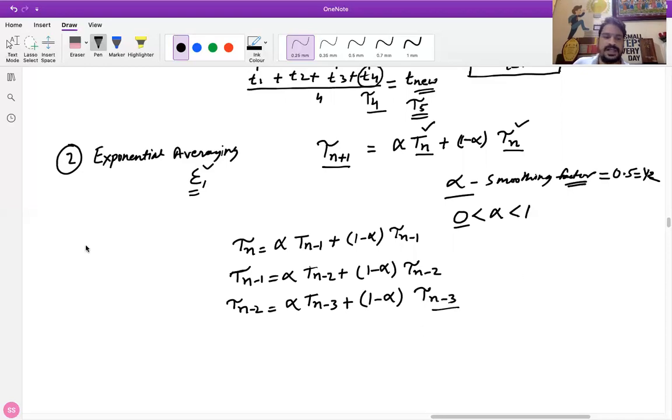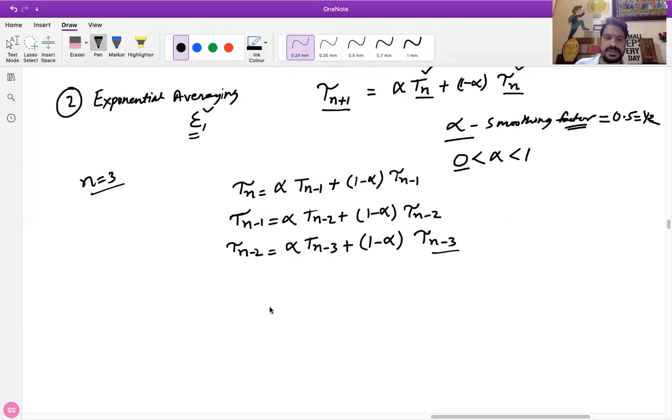Let's say that if we have n equal to 3, then what will happen? So the formula will look like this. I want to calculate, let's say, the fourth. Let's assume that the new process is the fourth process. So it will be alpha of the actual time of the process 3 plus 1 minus alpha the predicted time of the process 3.